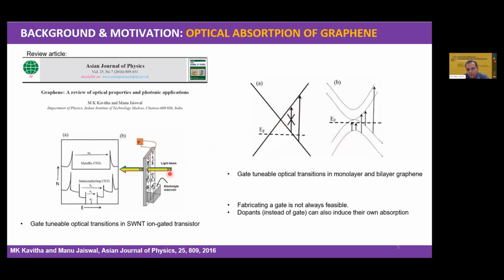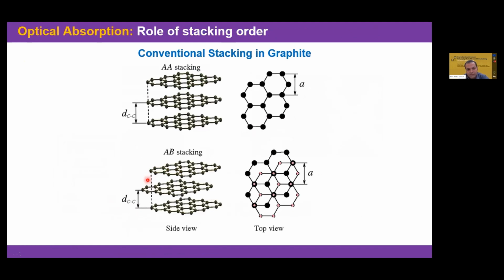In particular, if they are shifted into or out of the Van Hove singularities where there is a large density of states, then for carbon nanotubes, optical windows which can be controlled with gate voltage have been made. But besides the use of a gate, can we directly change the optical properties of graphene as a material? And the answer is yes, if we consider graphene with different kinds of stacking.